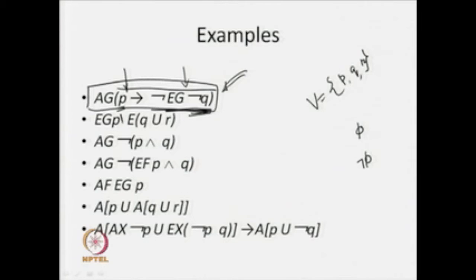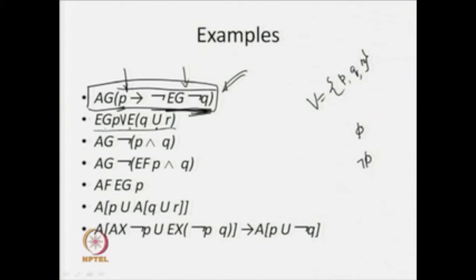If I say this is OR, then it becomes a CTL formula. E G P is a CTL formula and E Q until R is another CTL formula, because the until temporal operator is preceded by the path quantifier E. Similarly, G is preceded by the path quantifier E. So, this whole formula becomes a CTL formula.